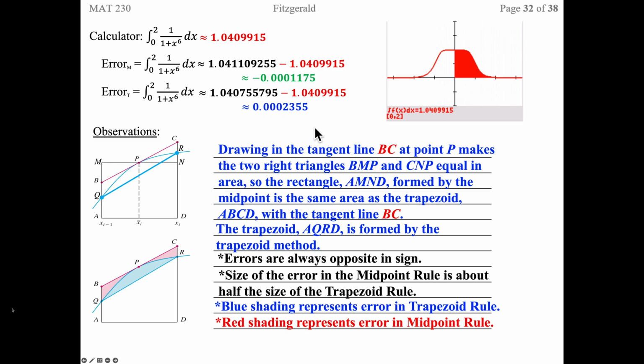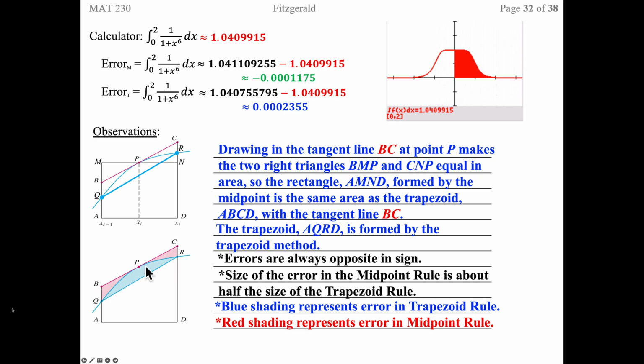So it's always, if you call it a 1 to 2 ratio, this is 1, this will be approximately double, or the midpoint half of the trapezoid, or if you want to say trapezoid is twice as big as the midpoint, excluding the signs, if you will.